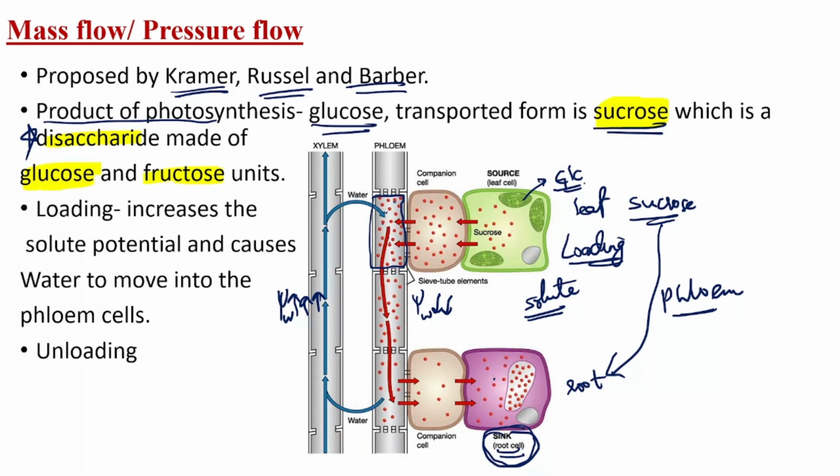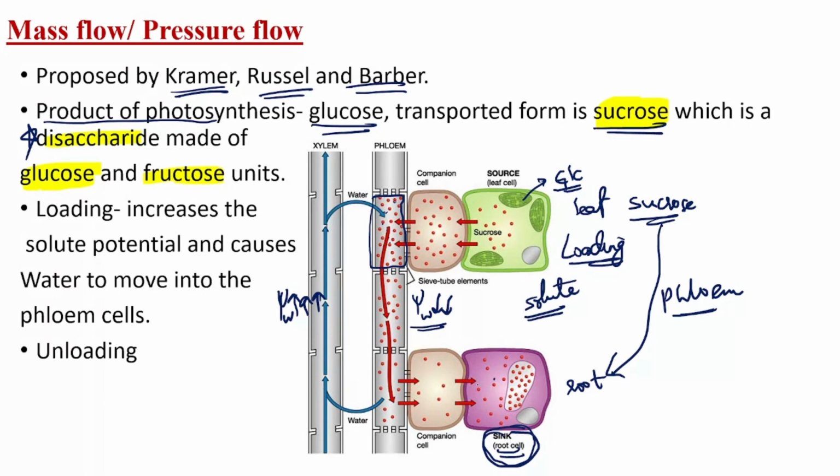Okay, so basically what happens is, the movement of sucrose into the companion cells and the phloem is called loading, because it is filling the phloem with the sucrose that has to be transported to the sink. Now as the phloem is loaded, its water potential reduces. This causes the water to move from xylem to phloem, and that causes the movement of the solute molecules to the root.